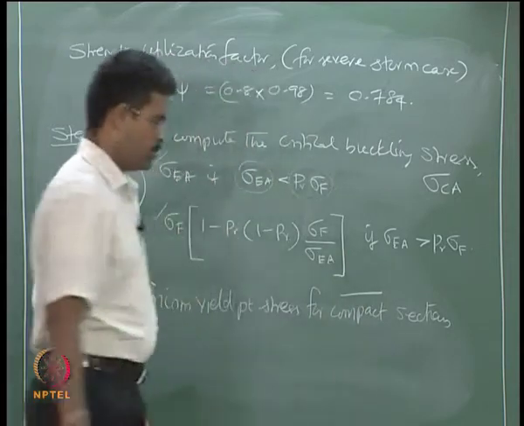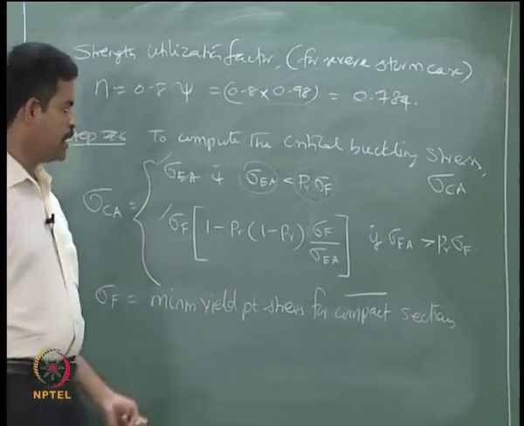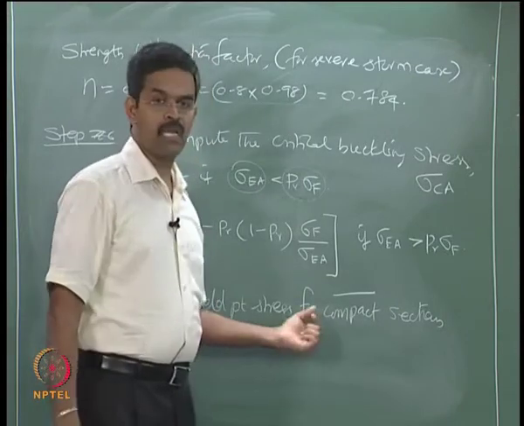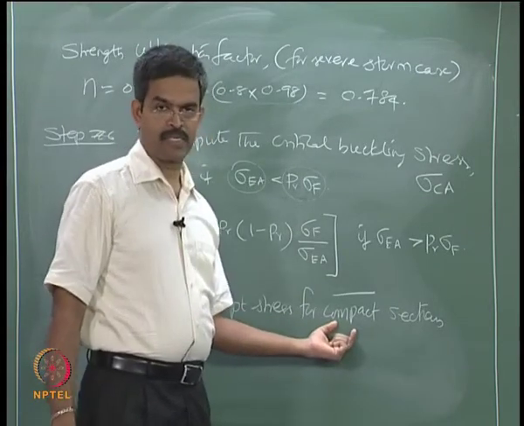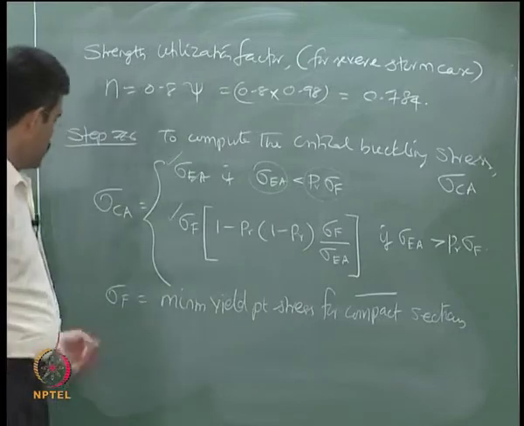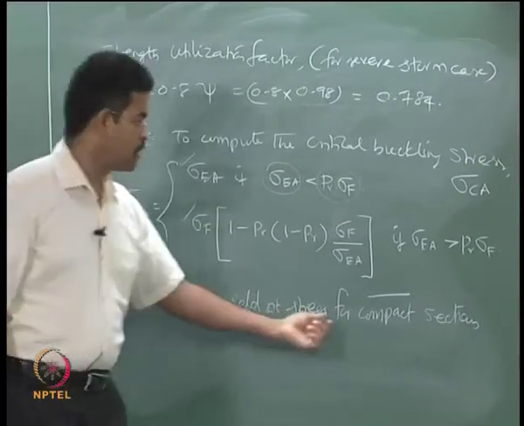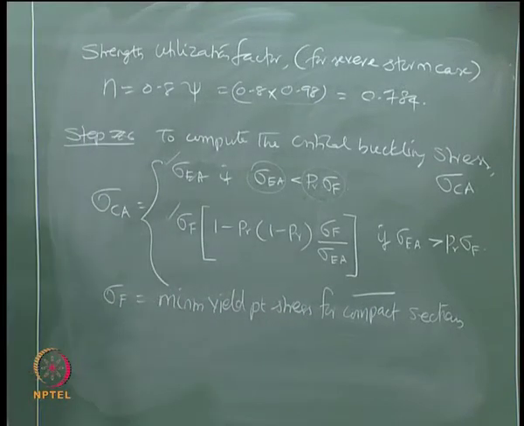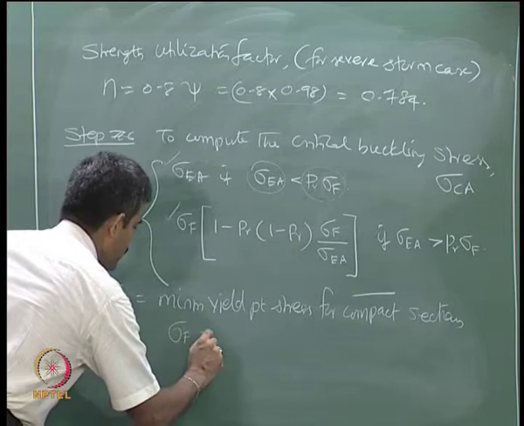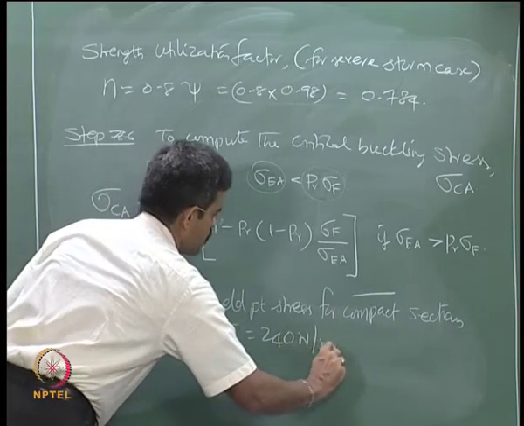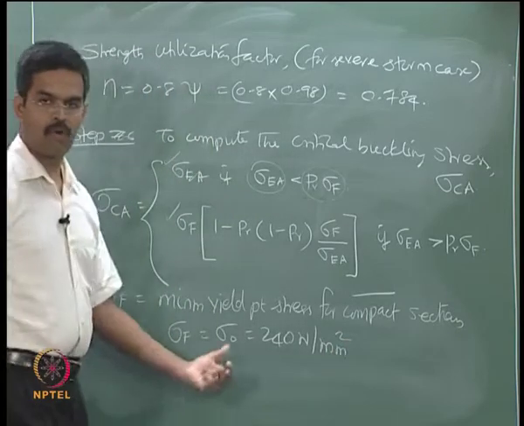Ladies and gentlemen, you will remember that in the earlier step we established that the given cylindrical member is a compact section. So, sigma F can be taken as equivalent to sigma naught, which is 240 Newton per mm square for my given problem.